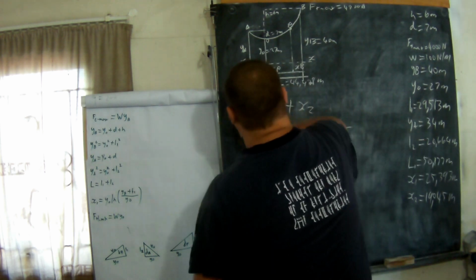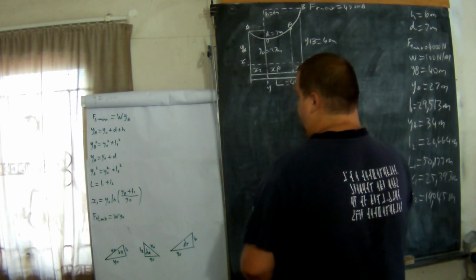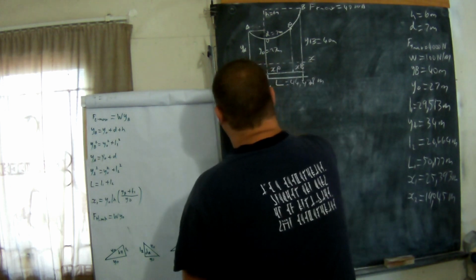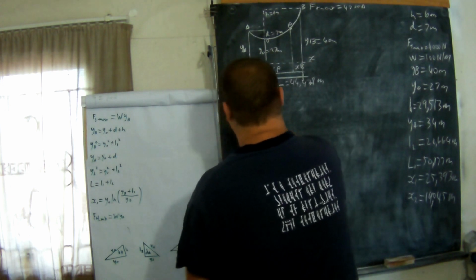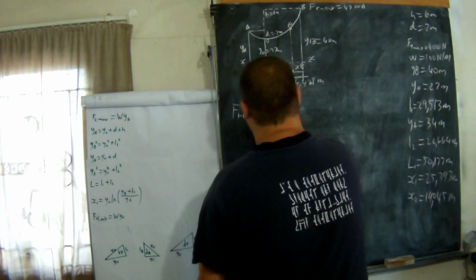Alright, now the next question is, they want the minimum tension. So FH is the minimum tension, which is W times YO.